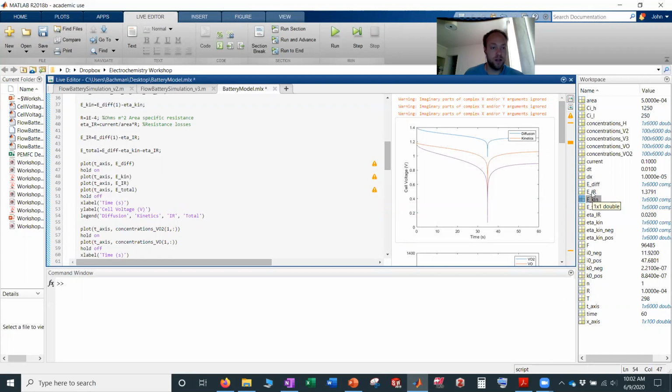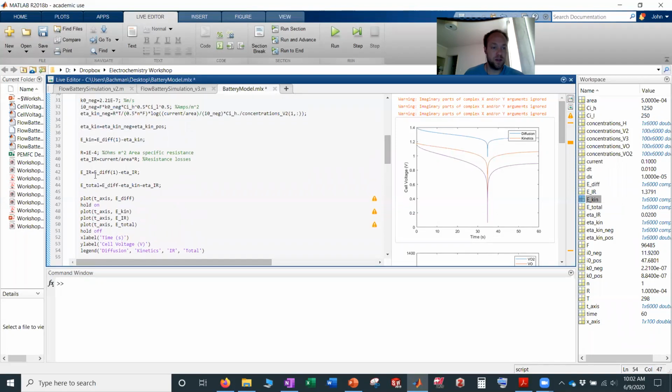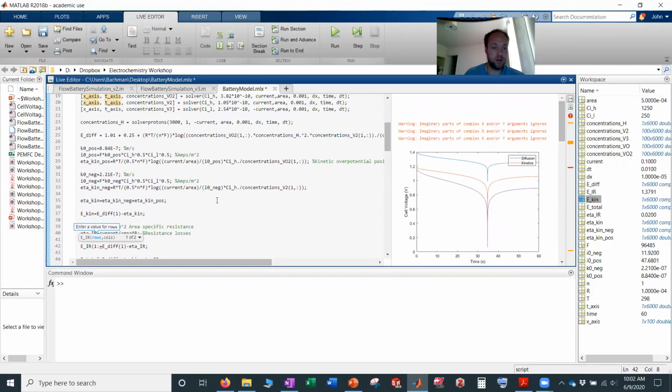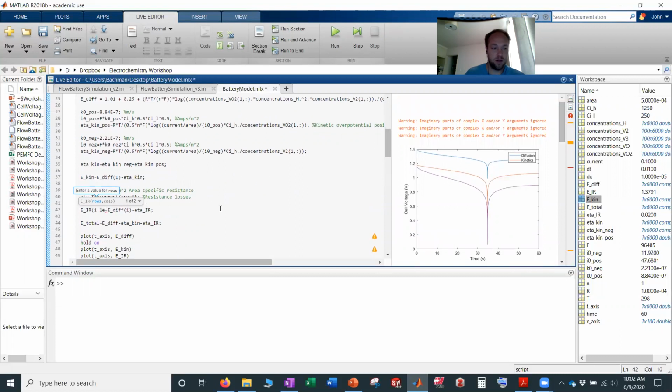Oh, you see the issue is E IR, we have to make it from 1 to the length of E diffusion. E IR is not that long, so that's one of the reasons why it's having trouble. That's why I didn't plot that one but plotted the others.